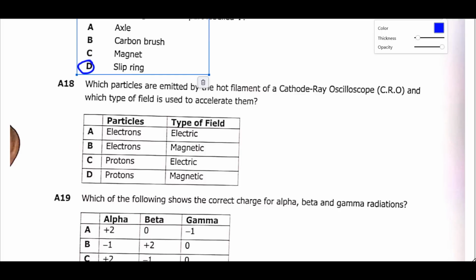Next: which particles are emitted by hot filaments of a cathode ray oscilloscope, and which type of field is used to accelerate them? The particles emitted are electrons. The type of field is electric, since we have an anode, the positive terminal, so we are dealing with electricity.